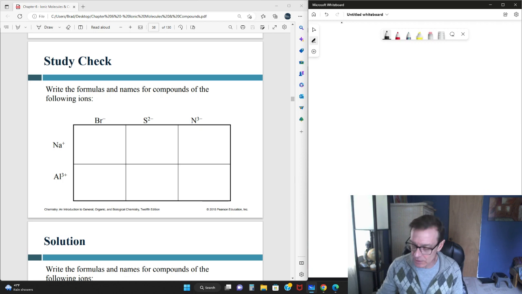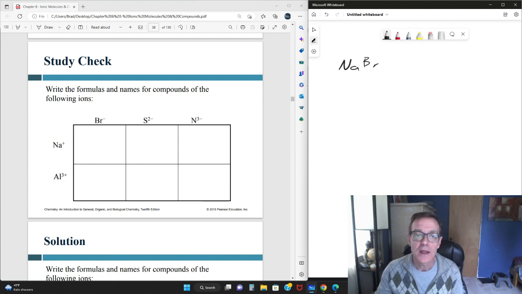Okay, so we're going to combine in the upper left-hand corner sodium and bromide. Sodium bromide. Okay, moving across. In the second case, we have sodium, the metal, and that only has one charge, so we're going to need two of those for our sulfide.